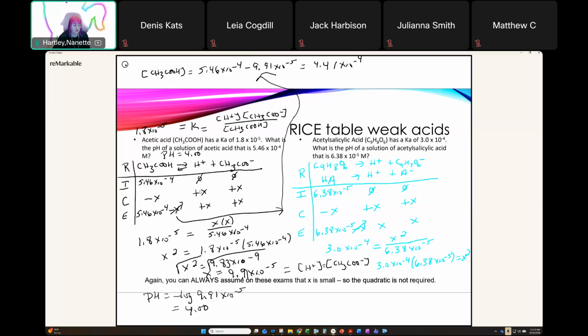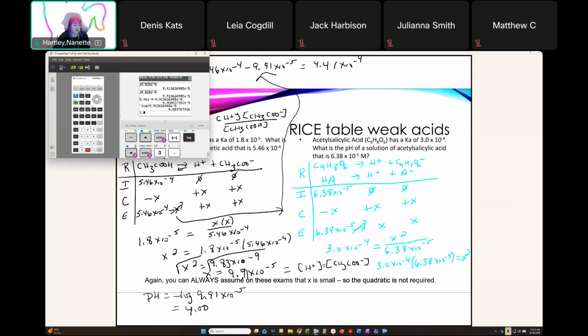Take that 3.0 E negative 4 times 6.38 E negative 5. That gives me 1.914. Again, I would write that as 1.91 times 10 to the negative 8th is equal to x squared.